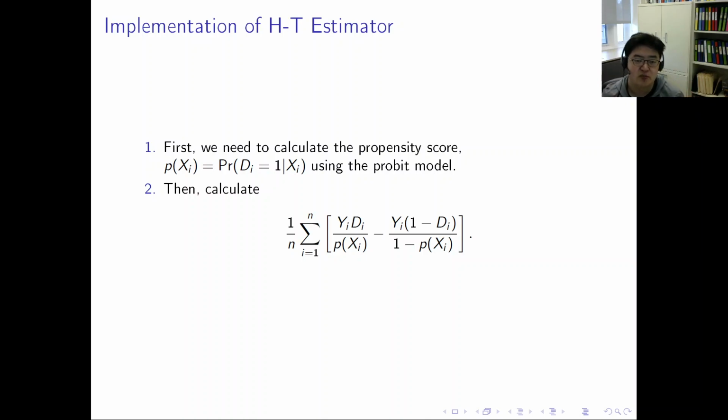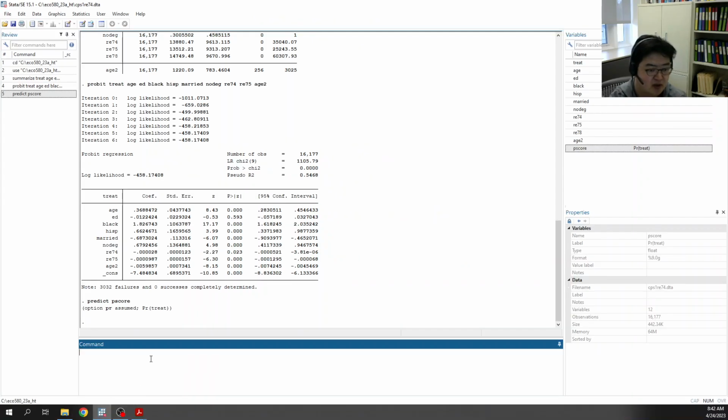It was just 2 commands, probit and predict. That's pretty simple. And now we have to do the second step, which is a kind of average. What I'm going to do first is calculate the term in the parentheses as a new variable. So I will generate a new variable. Let's say I will define that as Horvitz-Thompson, HT, which is defined as treatment times RE78 divided by p-score.